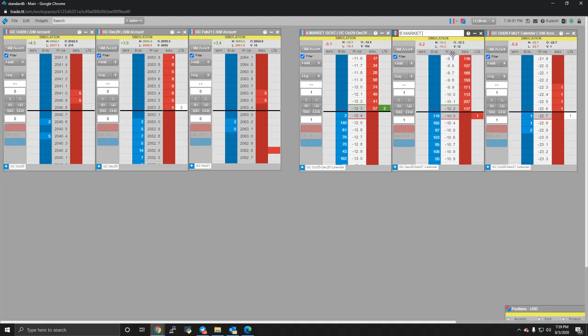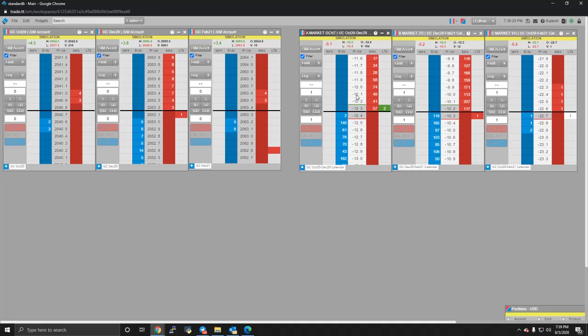B market. ZG for DEIS-FEB, and this is the C market. VG for OCC-FEB. Okay, so A plus B equals C.